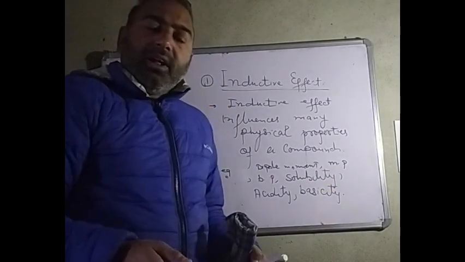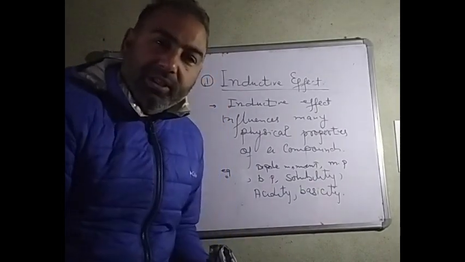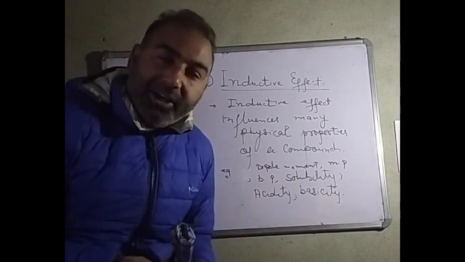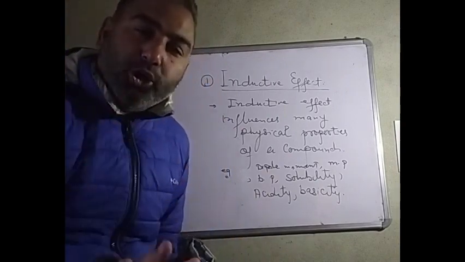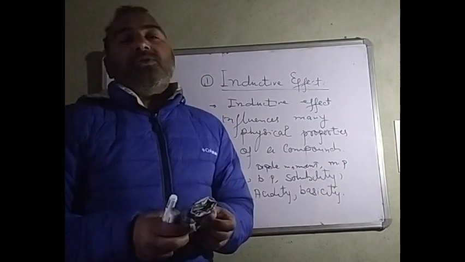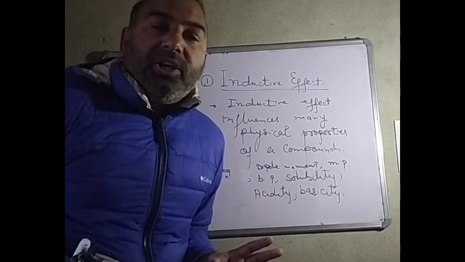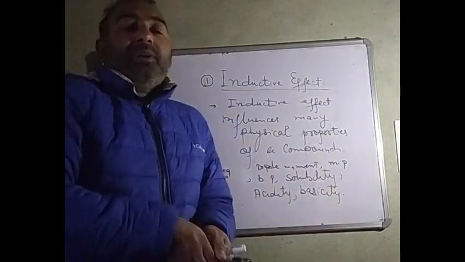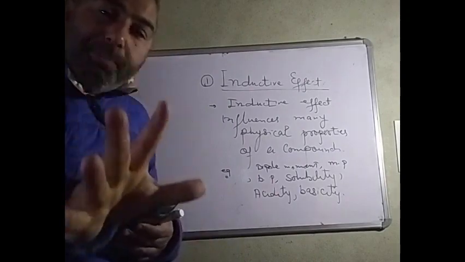Sometimes reactivity. So many properties get affected as a result of inductive effect, as a result of displacement of sigma electrons along the carbon chain. Get my point? Very good. So it's a partial effect but permanent.